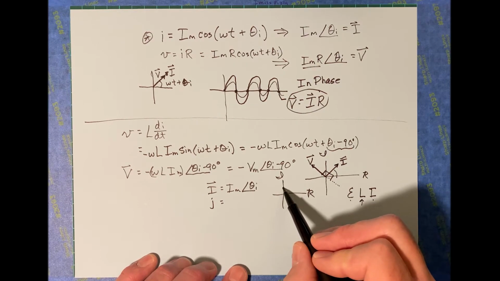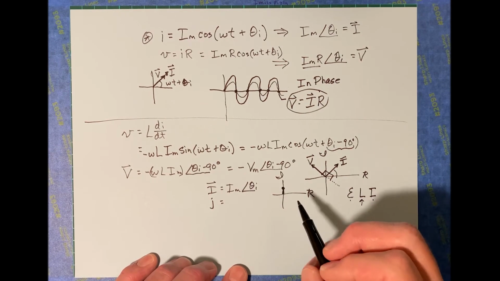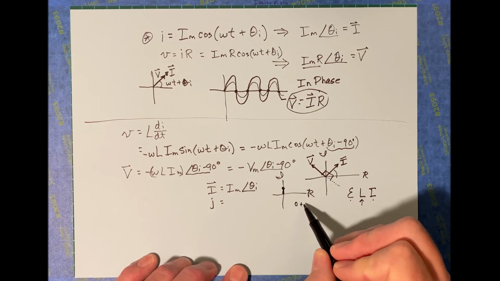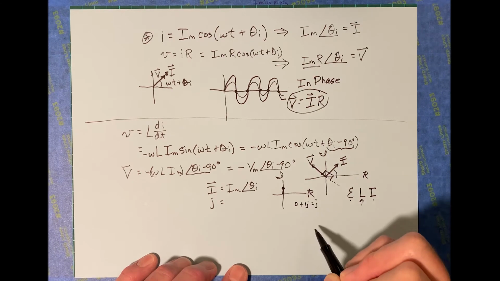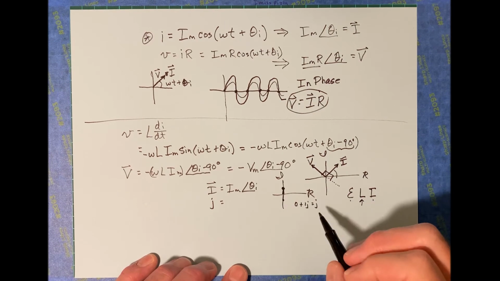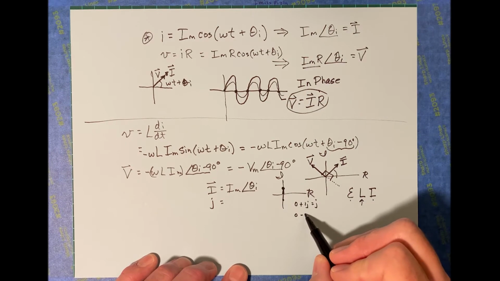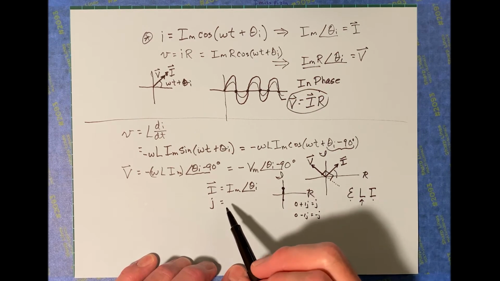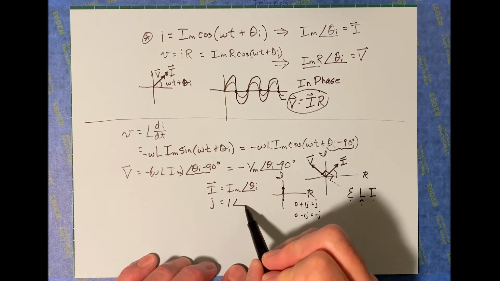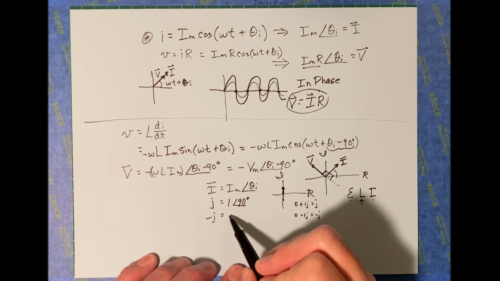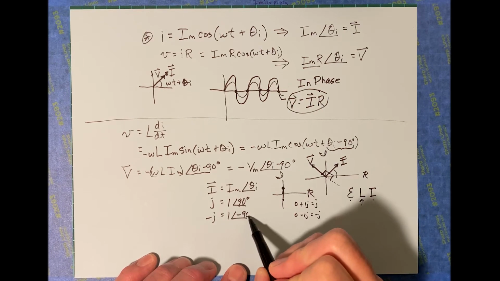So it's going to be right there. If I wanted to represent that point in rectangular coordinates, it's going to be 0 plus 1j, and that's just j. If I wanted to represent the point down here, which is a negative j, then this is going to be 0 minus 1j, and that's negative j. Okay, so j is 1 angle 90 degrees, and then minus j is 1 angle negative 90 degrees.